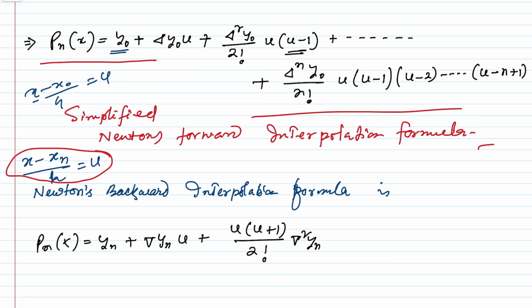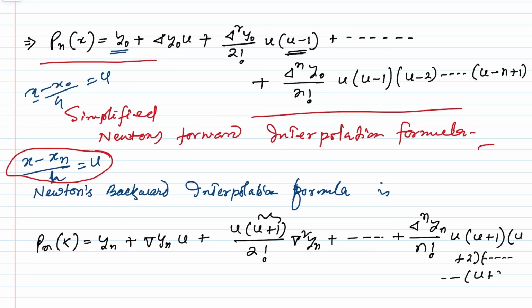And here instead of u minus 1 there will be u plus 1, and so on, and the last term is given by nabla to the power n yn by factorial n into u into u plus 1 into u plus 2 into dot dot dot up to u plus n minus 1.